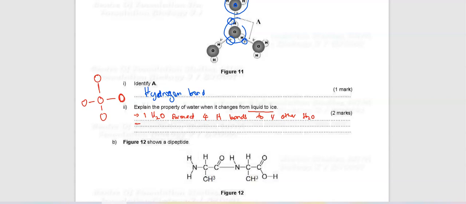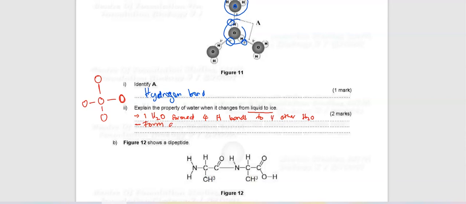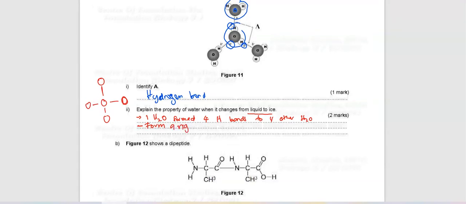If I can write this: to form a rigid or hexagonal or crystal structure in the ice, or to form a strong structure, or to form a more stable hydrogen bond.